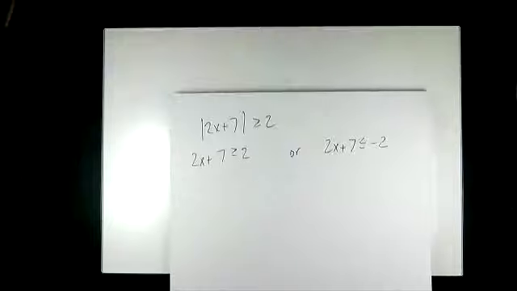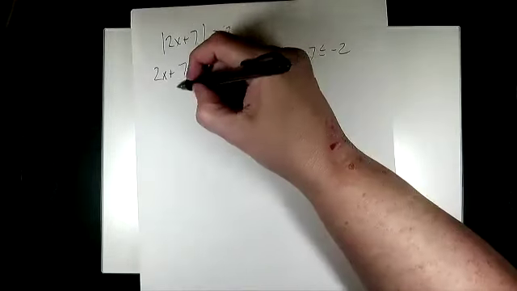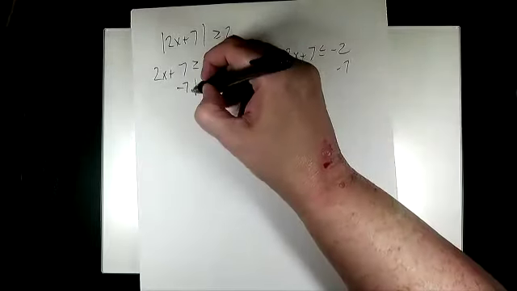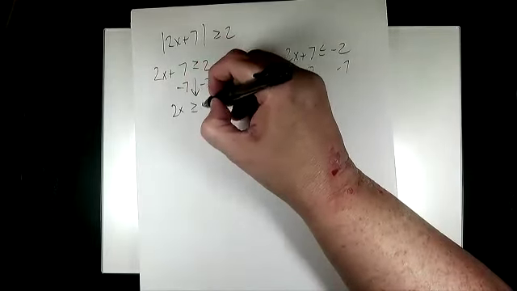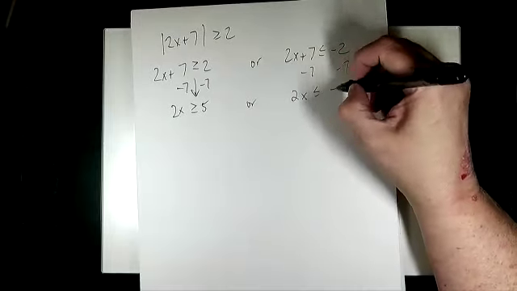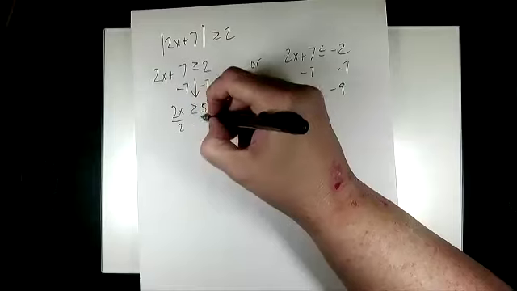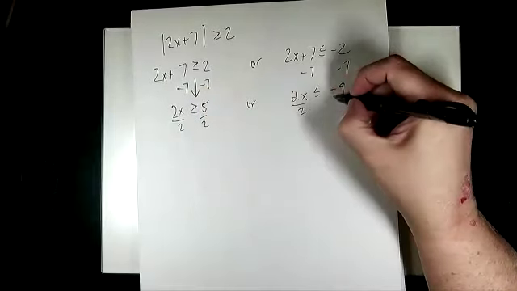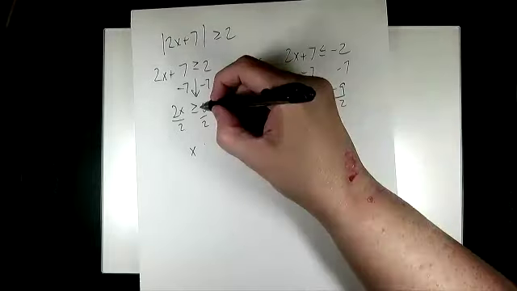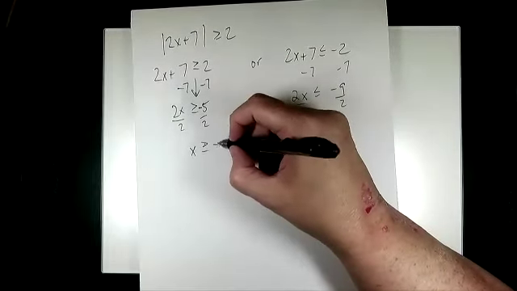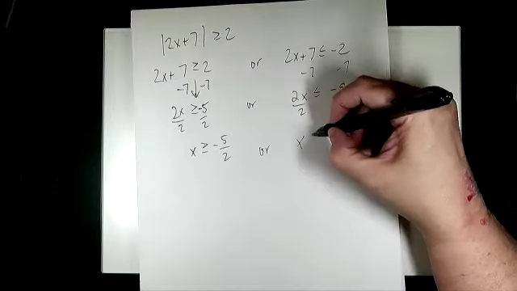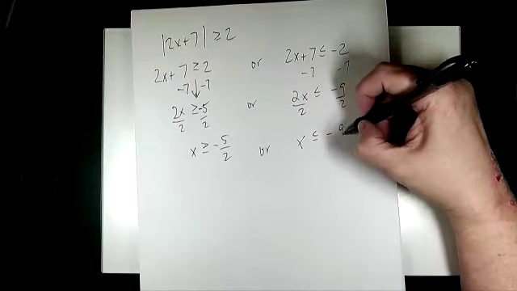And we solve them separately. 2x is greater than or equal to 5, or 2x is less than or equal to negative 9. X is greater than or equal to negative 5 halves, or x is less than or equal to negative 9 halves.